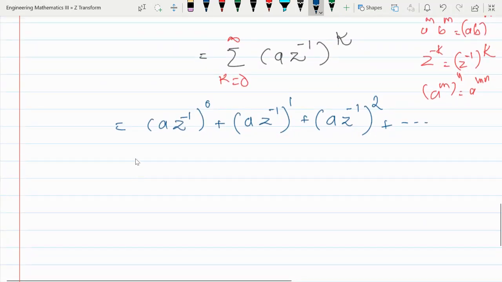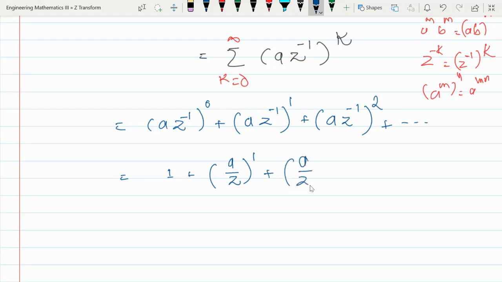This is again a geometric progression. So a into z raised to minus 1 raised to 0 is nothing but 1. Isn't it? This is a upon z raised to 1 plus a upon z raised to 2 plus a upon z raised to 3 plus so on, because z raised to minus 1 is 1 upon z, like this.